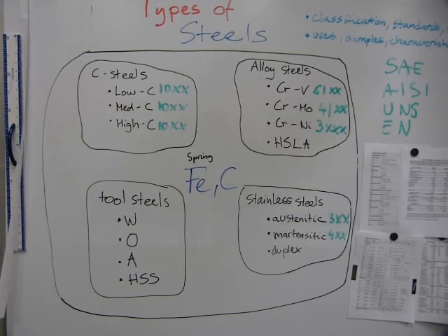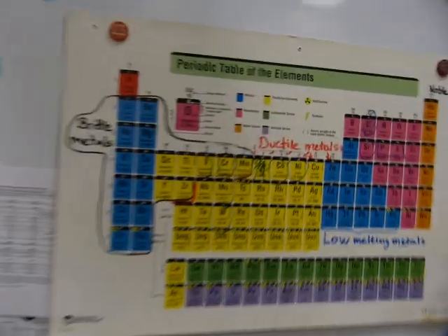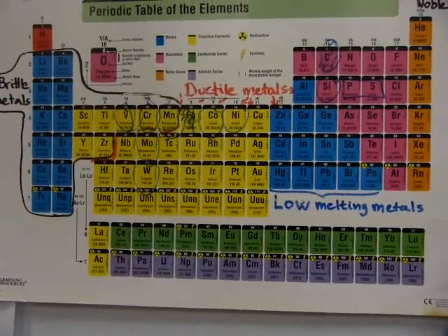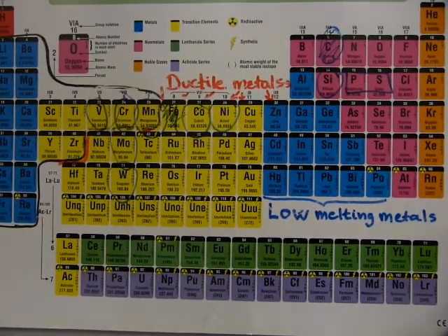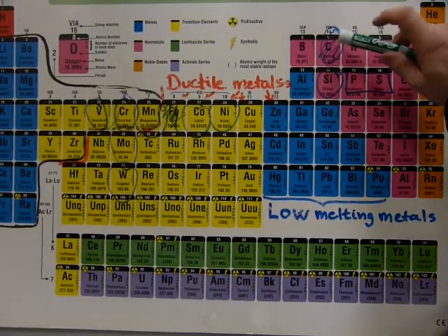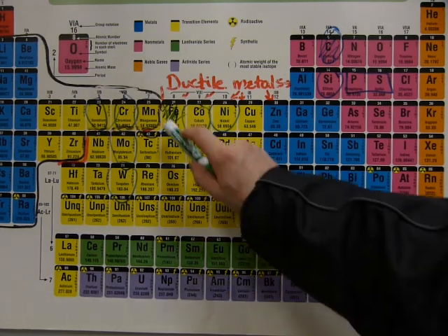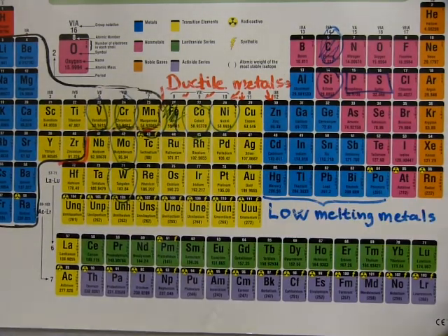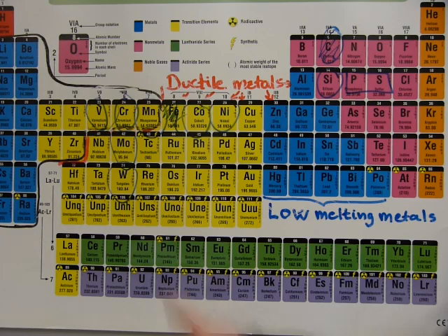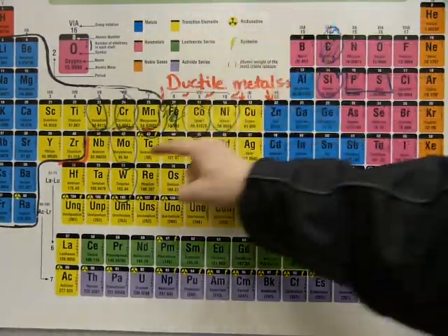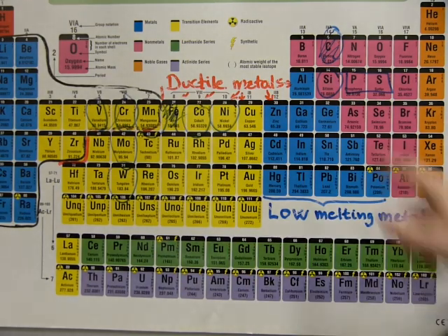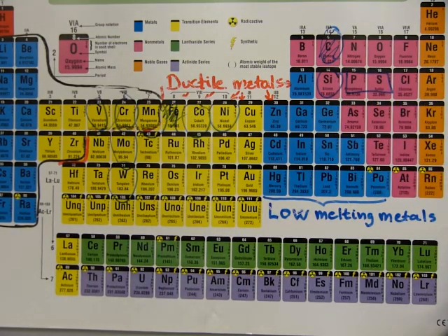Now come on over to the periodic table of elements, because steels contain other elements as well, and I circled some of them. I don't know how well you can see this, but I'll point them out one by one. Here is carbon and here is iron. These are the two main characters that can be found in every steel. Other elements that are also added to steel are vanadium, chromium, manganese, cobalt, nickel, molybdenum, tungsten, and to a lesser degree silicon.